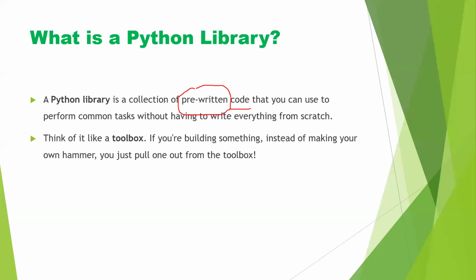For example, we have code that has already been pre-written by someone else or by ourselves. We can use that code to achieve our tasks. That means we are using a library. Also, we can create our own libraries. I'm going to show you how you can create your own Python libraries.